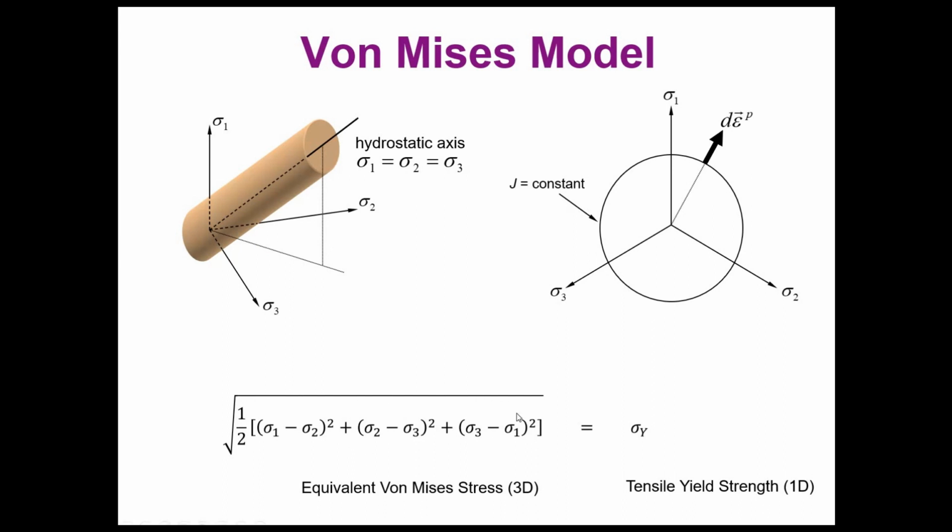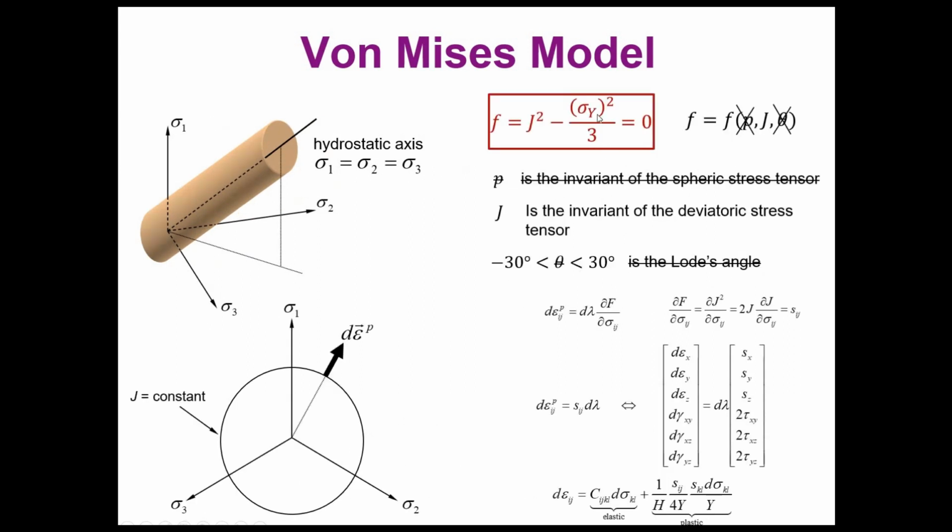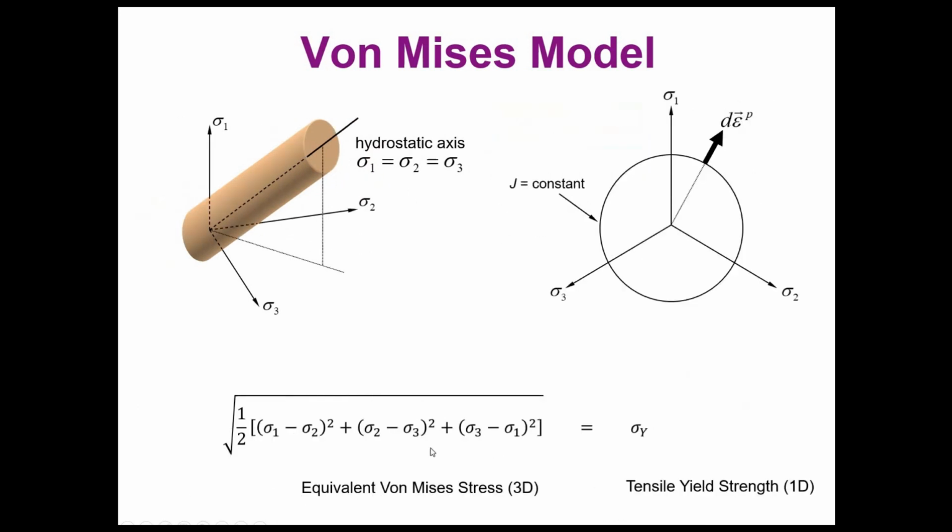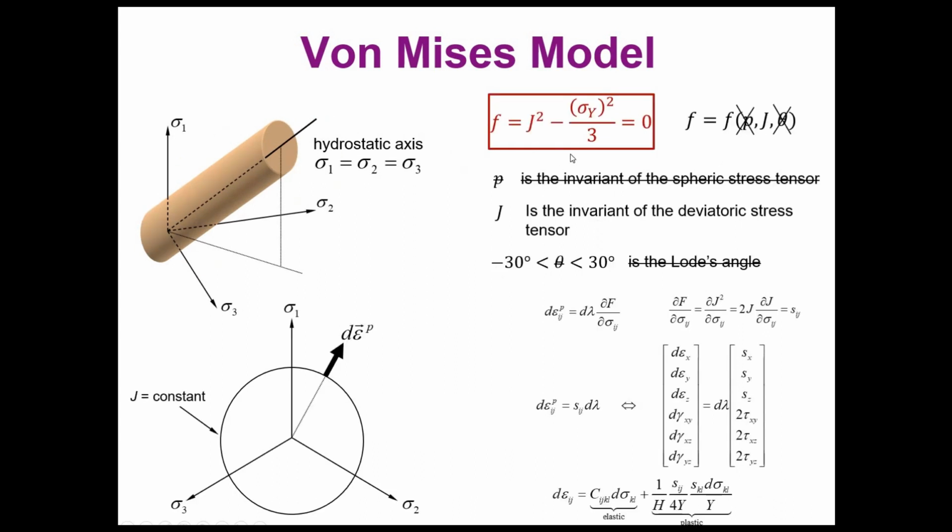Because this is the expression in function of the principal stresses of the von Mises model. So basically, this expression in here is equivalent to the expression in here, but expressed in terms of the principal stresses instead of the invariants.